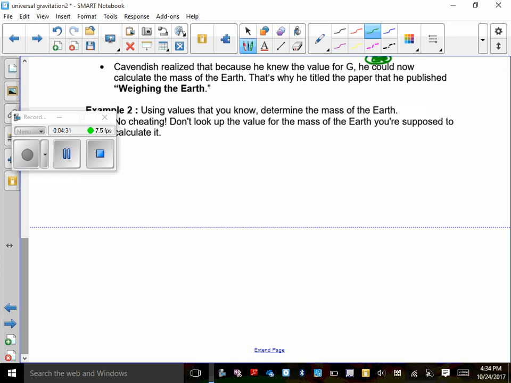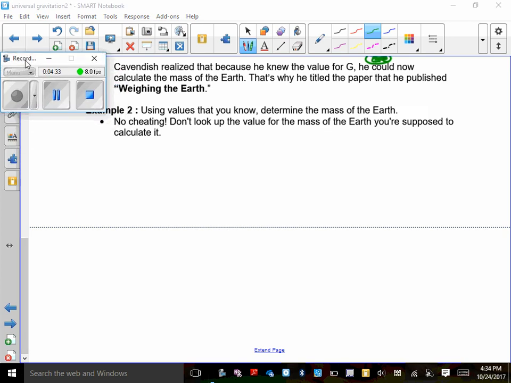So a few of the things that we know. We know that the force exerted on my body by the Earth is my weight, which we can calculate using Fg equals mg, where m is my mass. I also know that the force could be found using Newton's big universal gravitational formula, where one mass is my mass and the other one is the Earth.